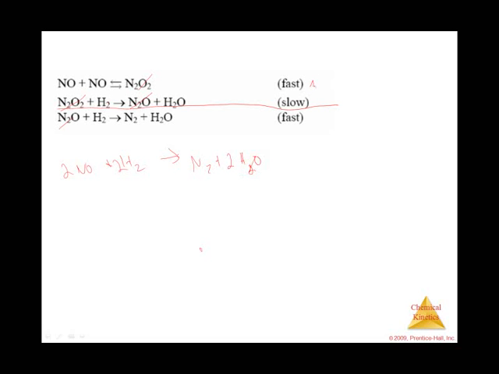So let's develop the rate expression here. Rate is k1 times NO squared. This rate is k2 times H2. Alright, and then my overall rate will be some k times NO squared times H2.